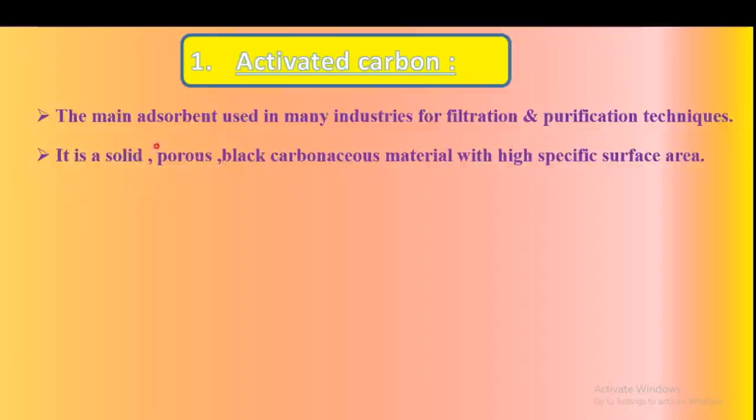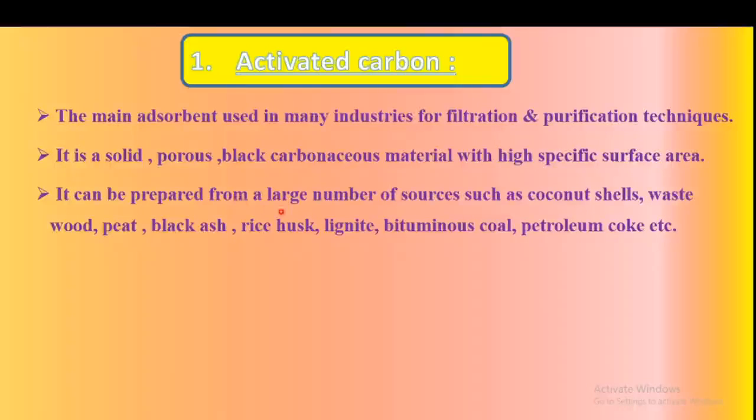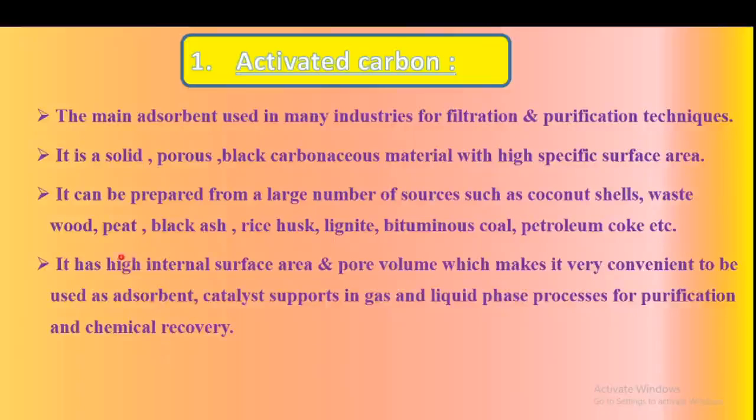It is a solid, porous, black carbonaceous material with high surface area, prepared from sources such as coconut shells, waste wood, peat, black ash, rice husk, lignite, bituminous coal, petroleum coke, etc. Because of its high internal surface area and high pore volume, it is very convenient to be used as an adsorbent and as a catalyst support in gas and liquid phase processes for purification and chemical recovery.